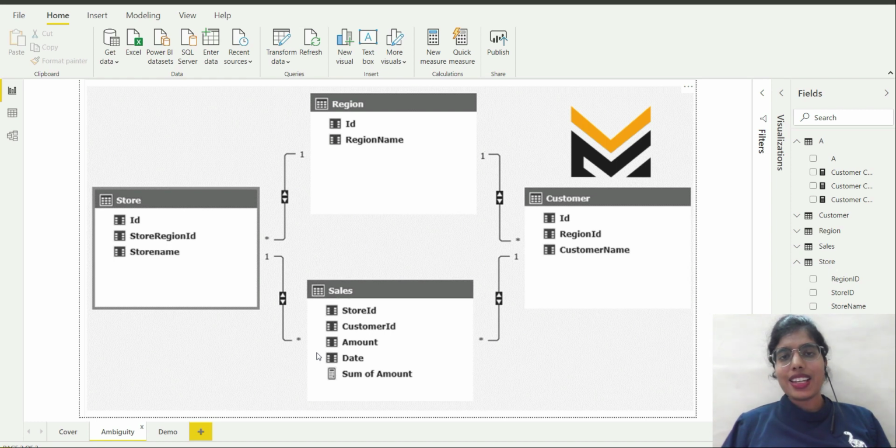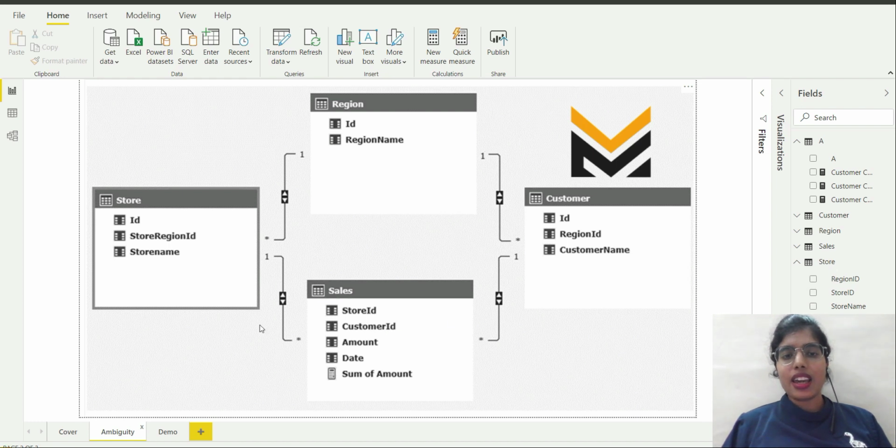So in this case, the table that I get will have the distinct count of all those customers which had bought something from that particular store. So you can see that both the two paths are trying to answer different questions.